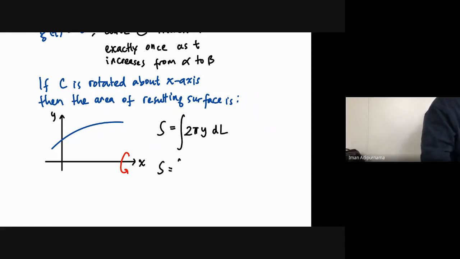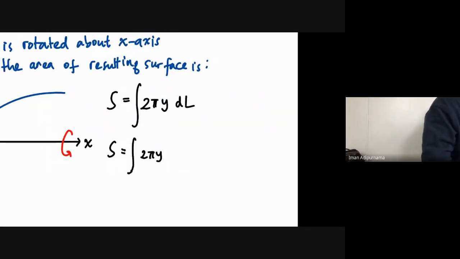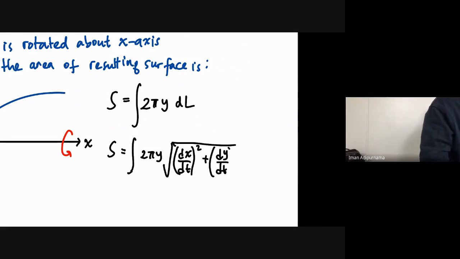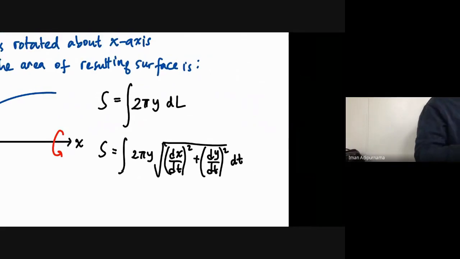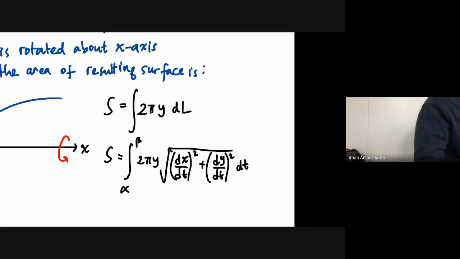So we can go here 2 pi y, and then write down the square root of, and because now we are evaluating the dt, this is alpha and beta, as we define alpha beta as t, from t1 to t2 or alpha beta. And same thing if you have rotations about y, so 2 pi x.